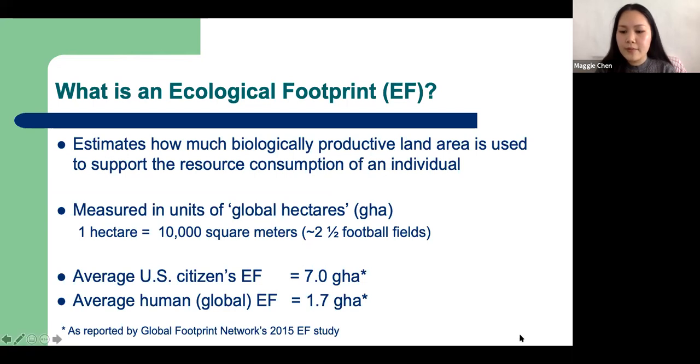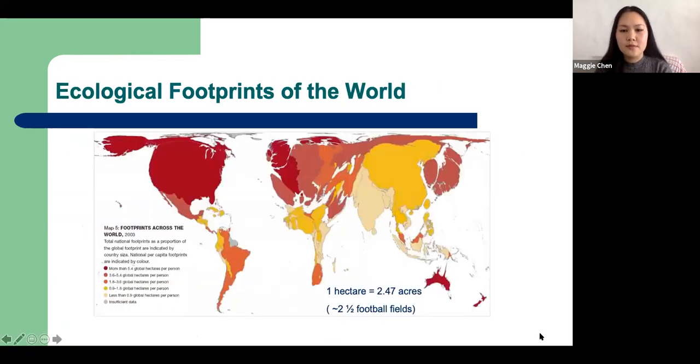Now, looking more specifically at ecological footprints worldwide, on this chart we have our world map in different colors. The darker the shade of red, the higher the ecological footprint per person in that area.